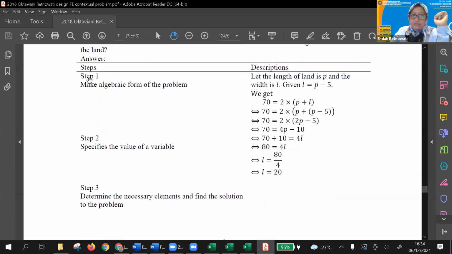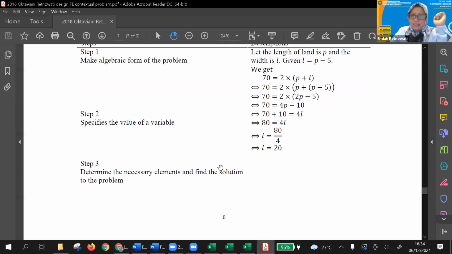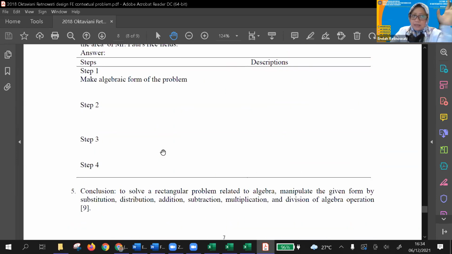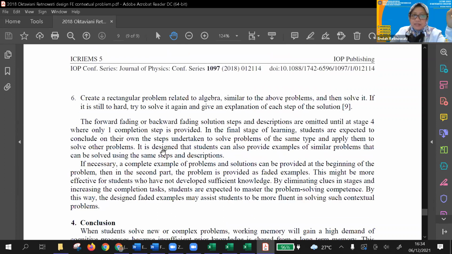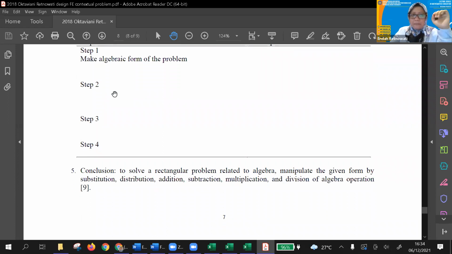And then for the second problem solving, steps 3 and 4 are omitted, and so on. So the same as the forward-faded example, here the last problem doesn't have the solution except they have this one, the clue for the first step.